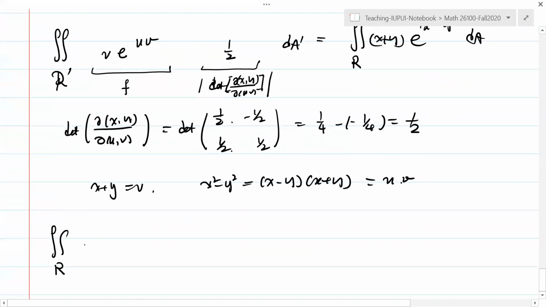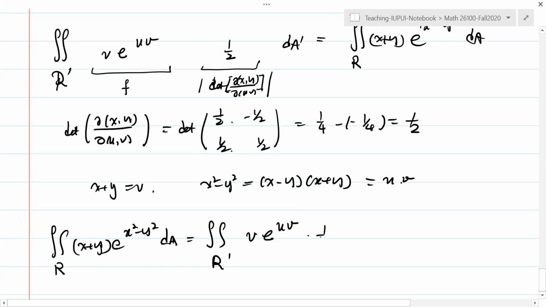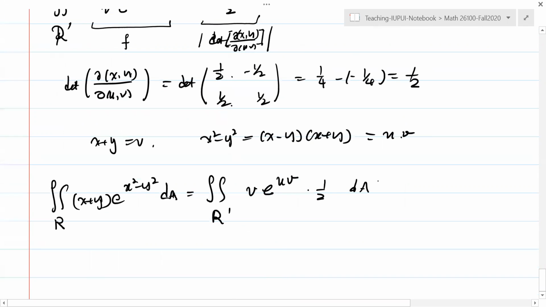So this integral of x plus y times e to the x squared minus y squared dA is going to be the double integral over R prime of v e to the uv times 1/2 dA prime. Now you can write this in any form.